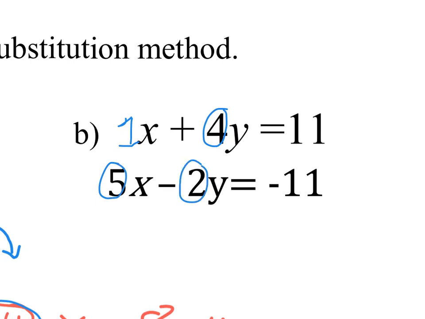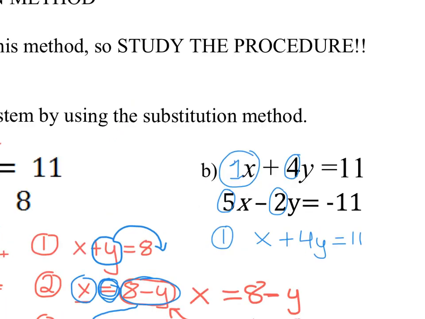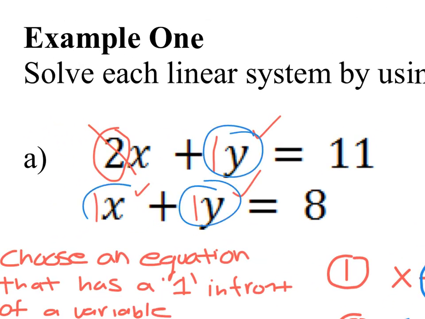So I only have one option here, and that's this 1x. So for step number 1, the only equation that I can choose is x plus 4y equals 11. There's no other option here. In this previous example, I could have chosen any one of these variables to solve for.